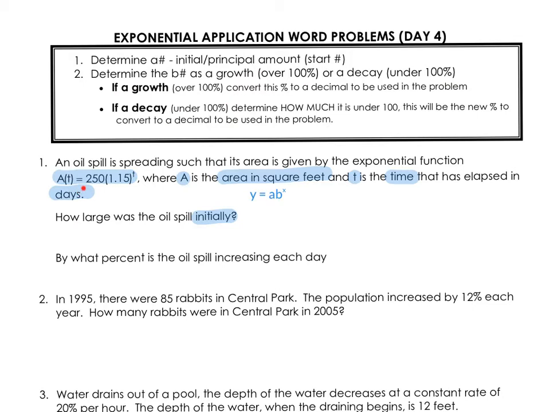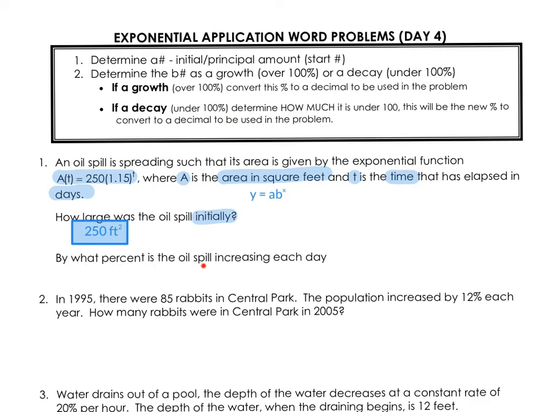So if I look here, the 250 is in place of the a, so that means that 250 is the initial area. They said area in square feet, so I'm going to label that with feet squared since they told me that label in the question. So again, that came from the a number in the equation.